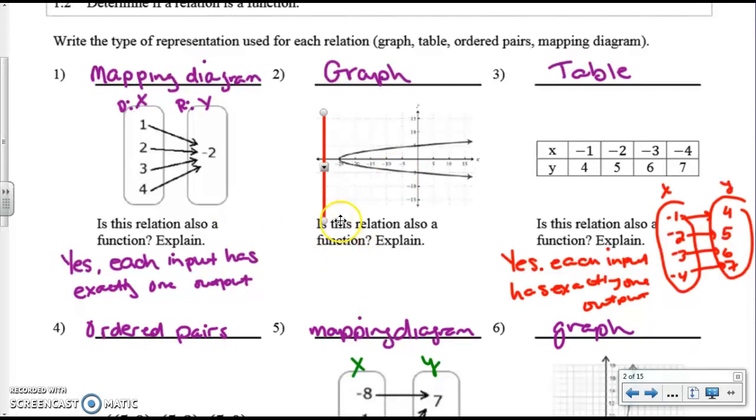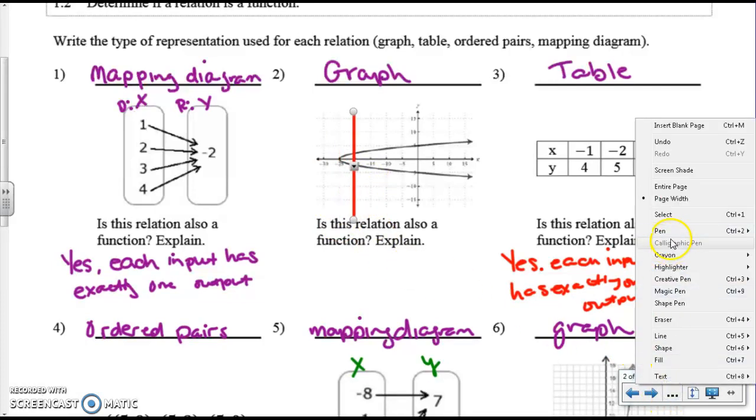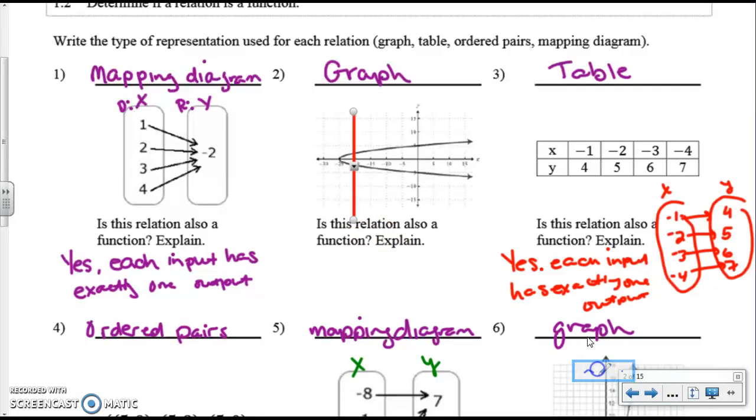So I'm going to do that slowly. I'm just going to move this straight across my graph. And if your line ever touches your actual graph at more than one point at a time, so like right here, it touches the graph, and right there it touches the graph, if it ever hits at more than one point at a time, that means it's not a function. And what we say for a reason there is that it fails the vertical line test.